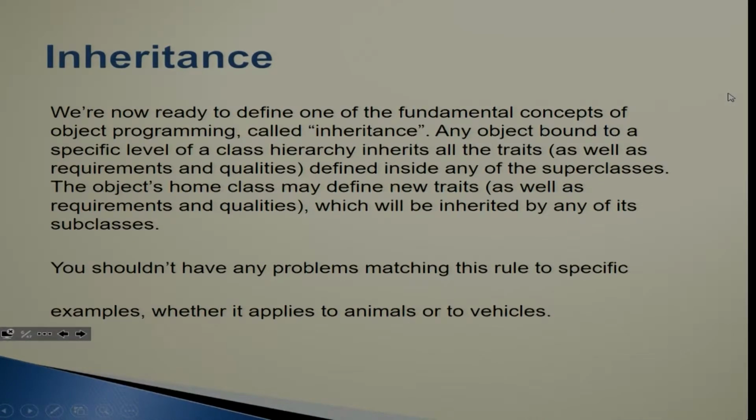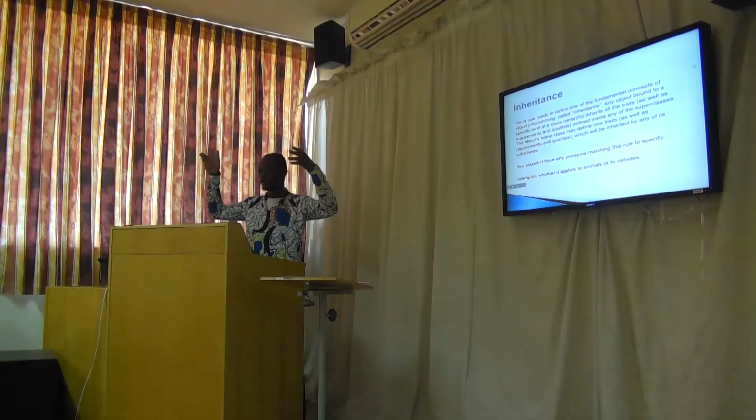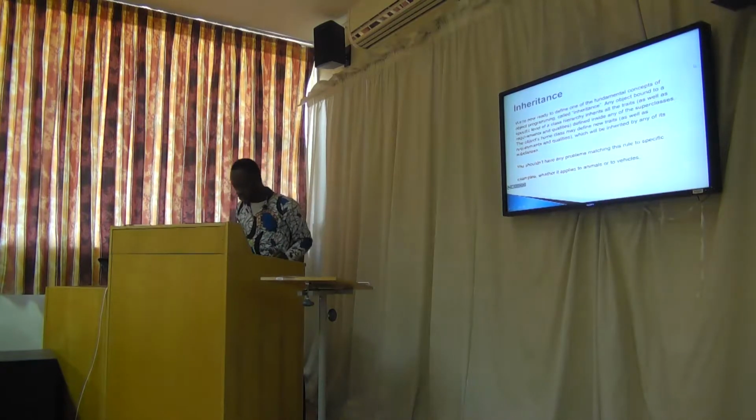Inheritance, I'm not going to go deep on this one because you covered it in software engineering. You know what I mean by inheritance: the subclass is going to inherit some attributes from the parent class or superclass.